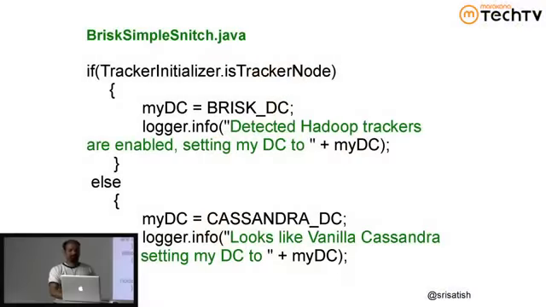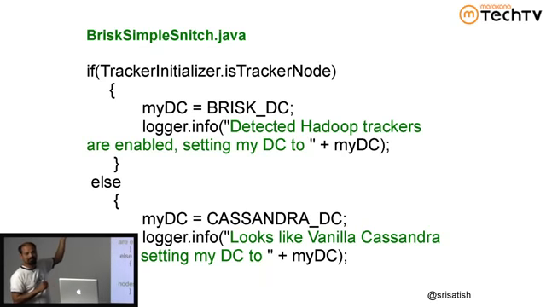So what we did is piggyback on the same simple dynamic snitch, to use for Brisk versus Cassandra. In the same ring, we've defined logically two different data centers. One is a Brisk data center, and using the same simple snitch mechanism, we say, do you have a tracker?